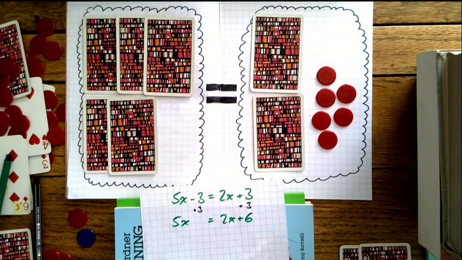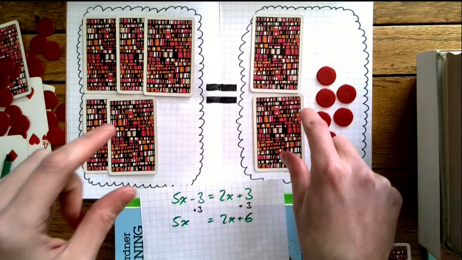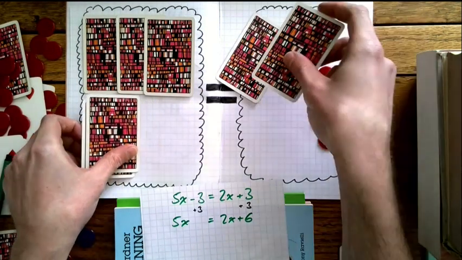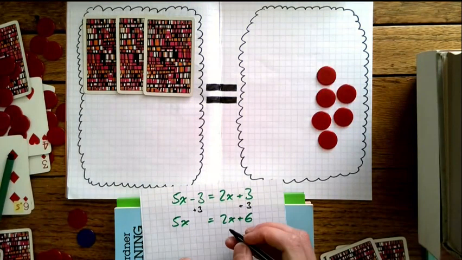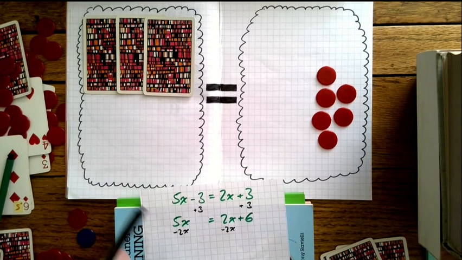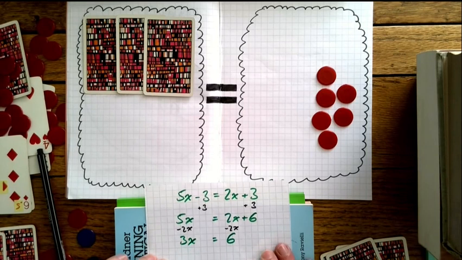This is like the one before now. We've got x's on both sides. I'm going to look for the smallest one. Okay, we've got 2. Let's take away 2 x's from both sides. 3, 2, 1. Okay. Minus 2x. Minus 2x. And we're left with 3x equals 6.